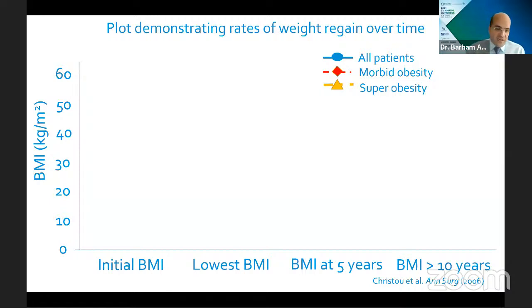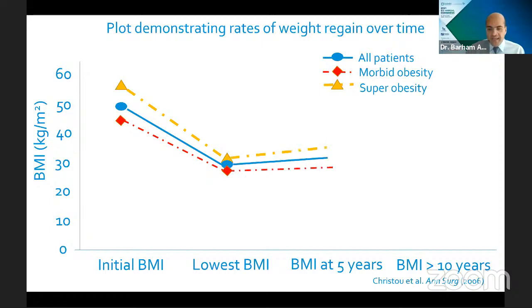This is a study that quantified this pretty well. You could see after the gastric bypass, this is broken down by all patients, those with morbid and super obesity. Everybody loses the maximum weight at about 1 year. Then at 5 years, there is some weight regain.